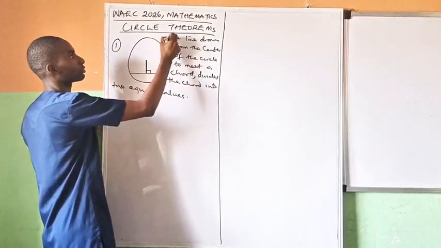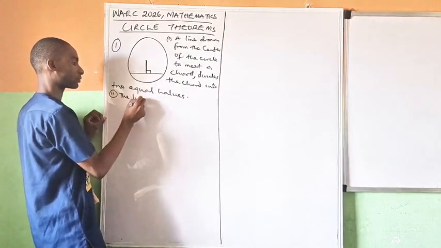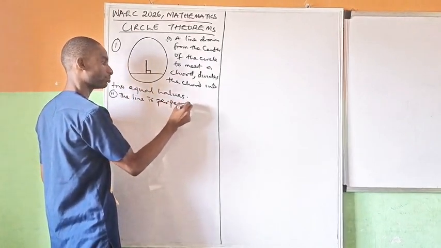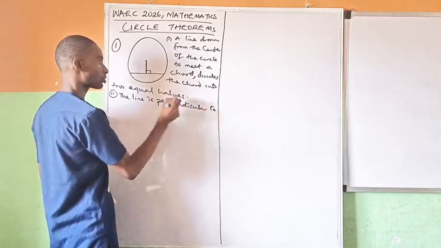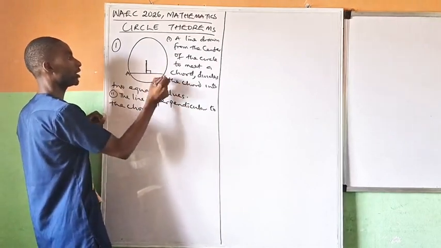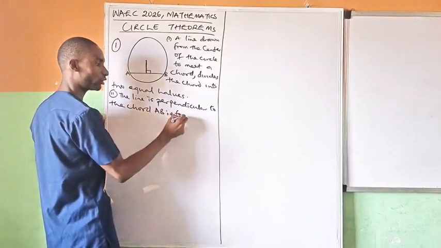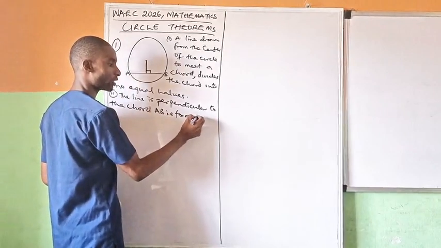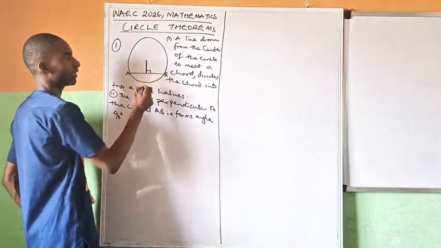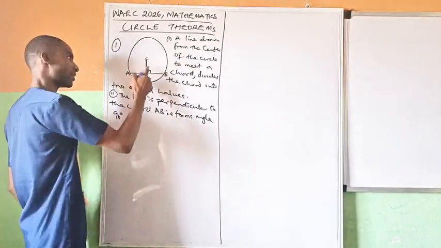Number two, the line is perpendicular to the chord. Let's label the chord AB. To the chord AB, that is, forms angle 90 degrees. So the angle here is 90 degrees. From this center C, that's angle 90 degrees.